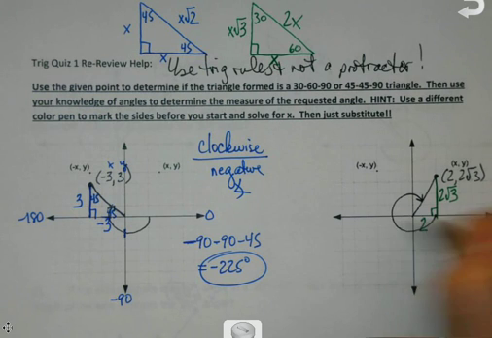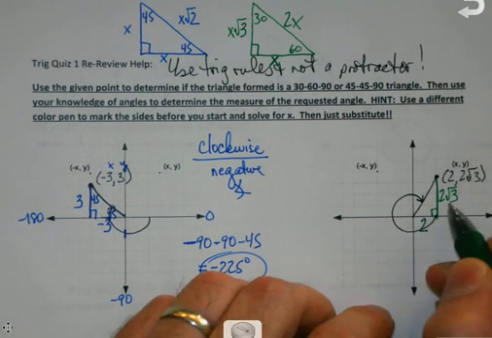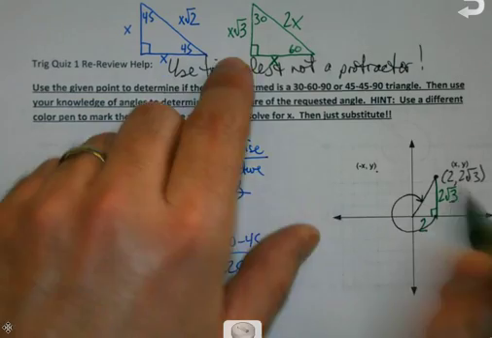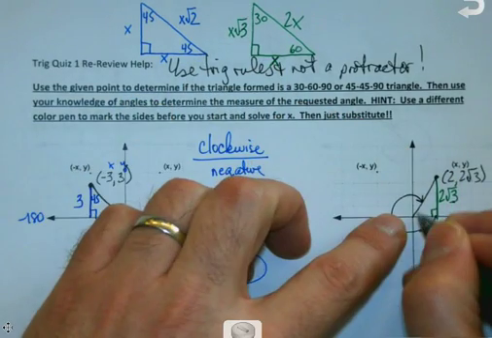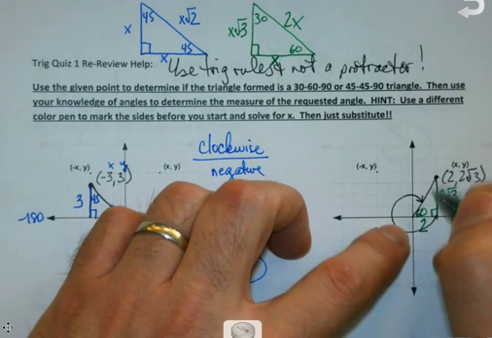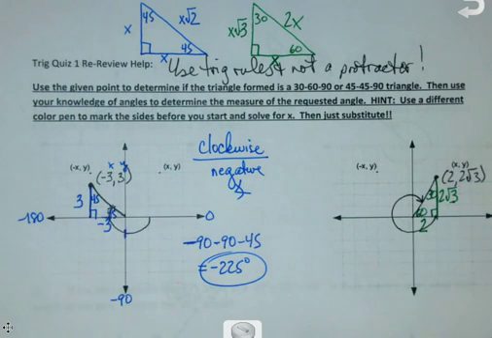Again, the x value goes parallel to the x-axis, the y value goes parallel to the y. The square root of 3 side is always opposite my 60. So that's got to be my 60, which makes this guy my 30.